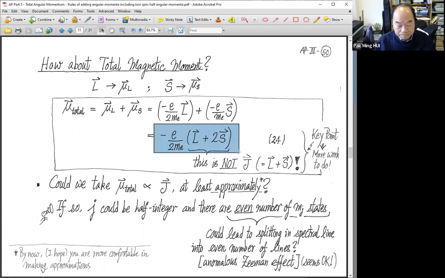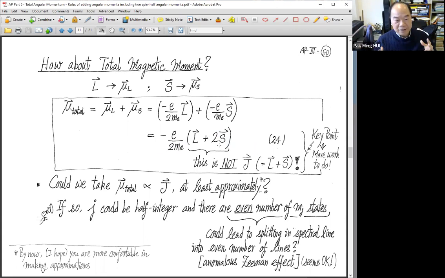Important observation. Formally, this is not antiparallel to J, because L plus S is J, but L plus 2S is not J. It is J plus S. There is something a little bit more. Now, that is some problem to handle in the future.